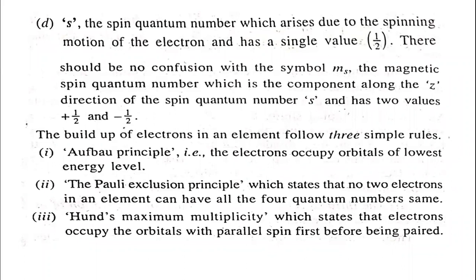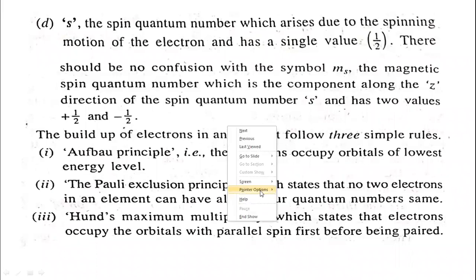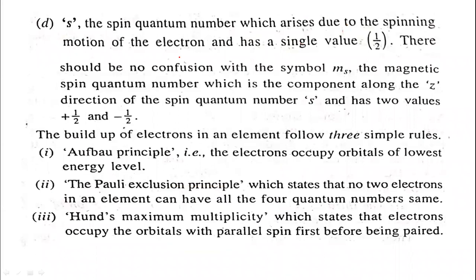Now the magnetic spin quantum number, which is a component along the z direction of the spin quantum number s. You can see here, suppose s equal to 1 by 2, then ms values are plus 1 by 2 and minus 1 by 2.